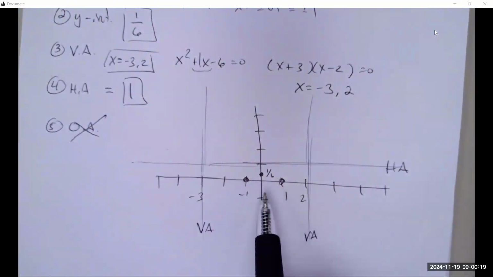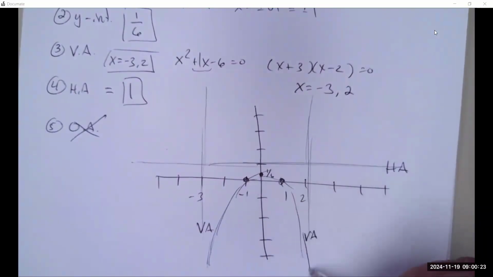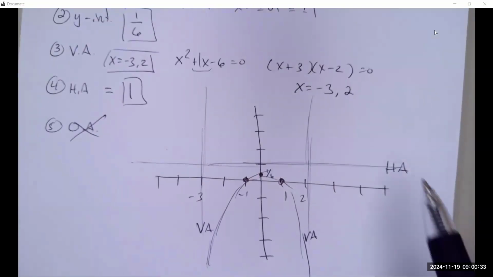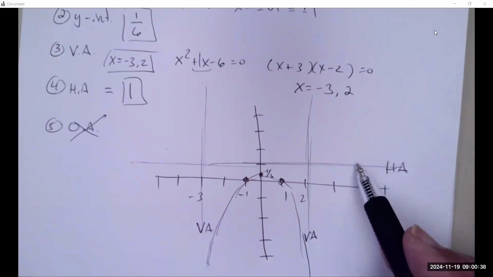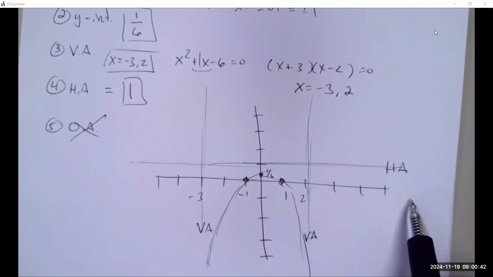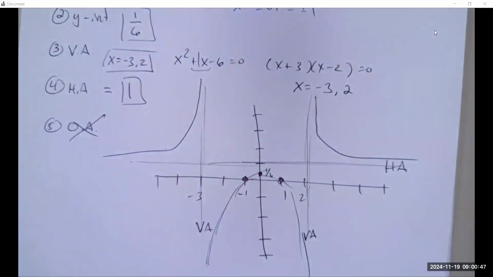So down here, we know that this is going to look like this, because we have a y-intercept and 2 x-intercepts. How about the outer bounds? Is it going to be above that horizontal asymptote or below it? It has to be above, because if it was below, then we would have to have an x-intercept. So we know because there's no x-intercept, it has to look like this. If you don't see it, plug in some points. And there's that graph.